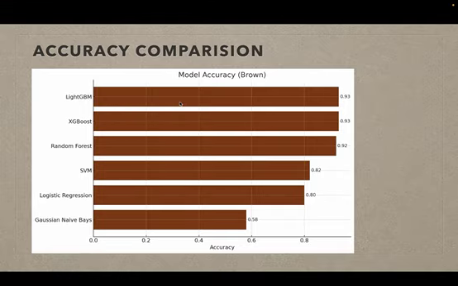Here we are looking at the accuracy comparison graph, where we can see Gaussian naive Bayes has the lowest, around 0.58, and LightGBM and XGBoost have the highest, around 0.93 each, followed by random forest, SVM and logistic regression having 0.92, 0.82 and 0.8 respectively.